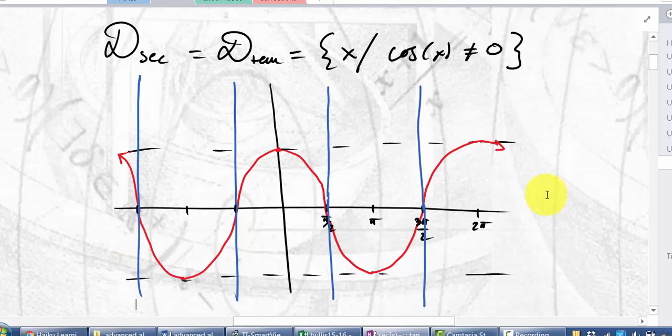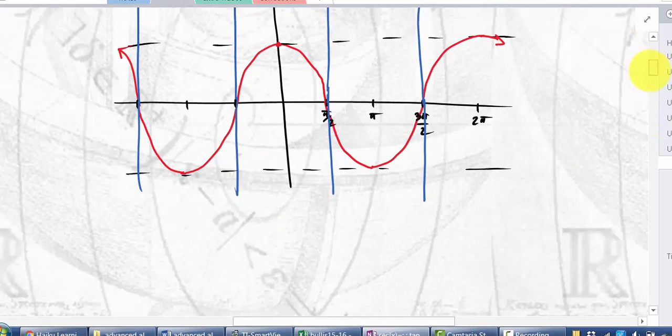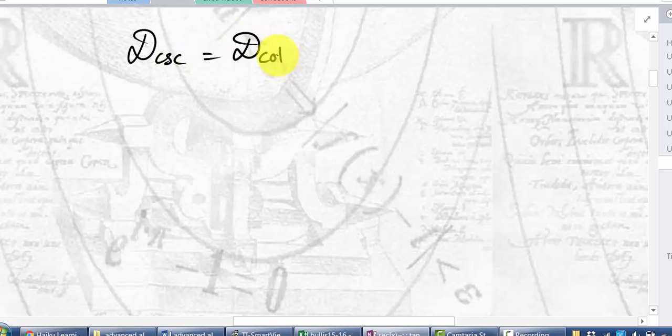So graphically, I can see where secant and tangent will not be defined, or where they will be defined. And we could do the same with cosecant and cotangent, okay? The domain of cosecant is going to be the same as the domain of cotangent, and this is made of all the x's such that the sine of x is not equal to 0.